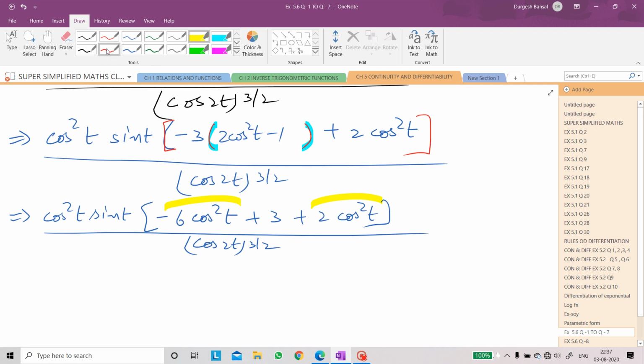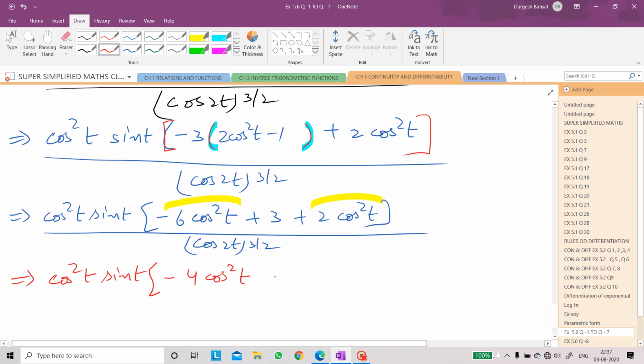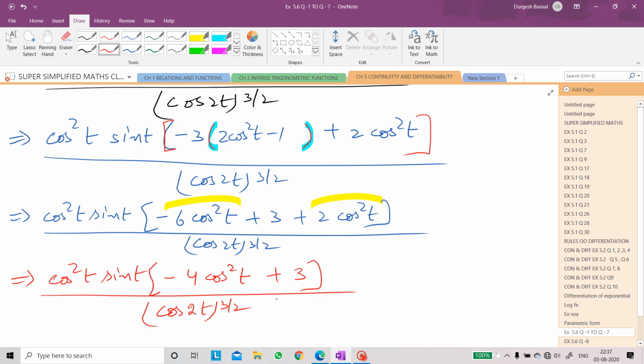So we will have cos square t sin t, and this will be minus 4 cos square t plus 3, and whole divided by cos 2t raised to the power 3 by 2. So now I can take cos t inside.